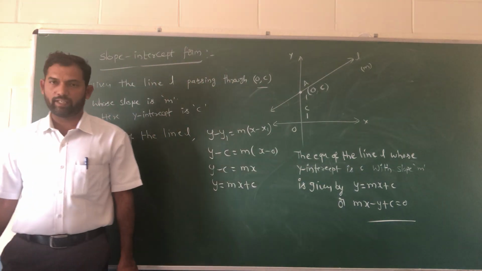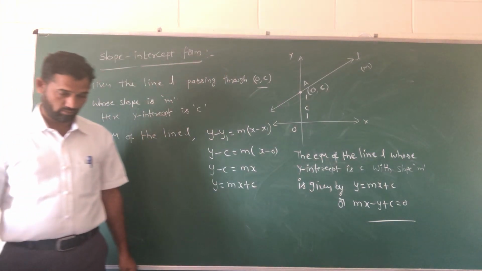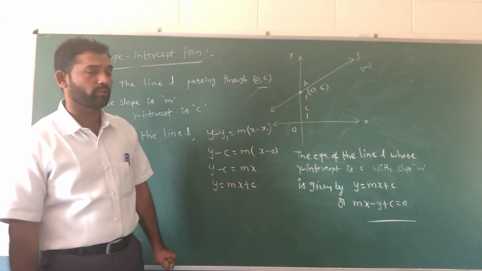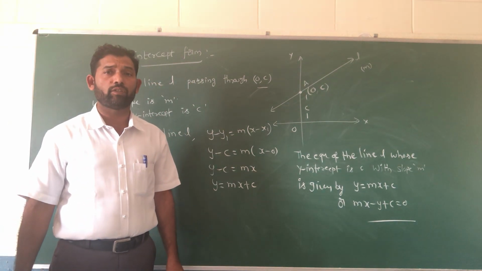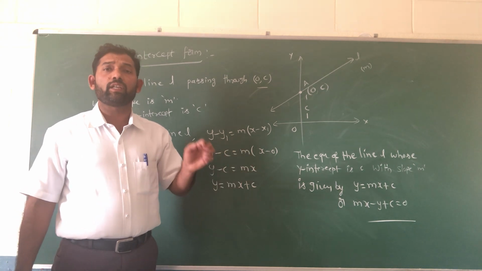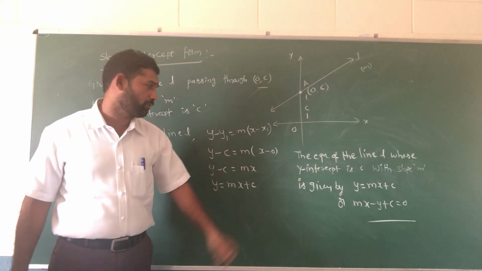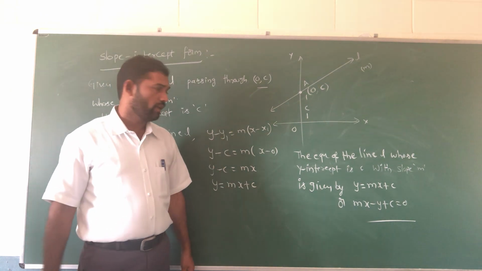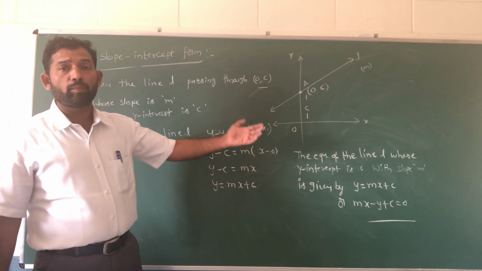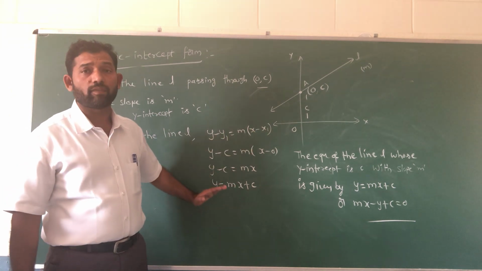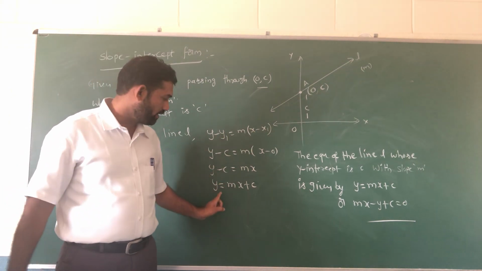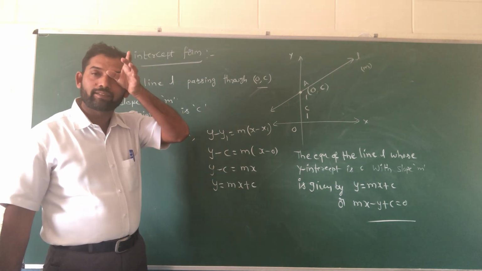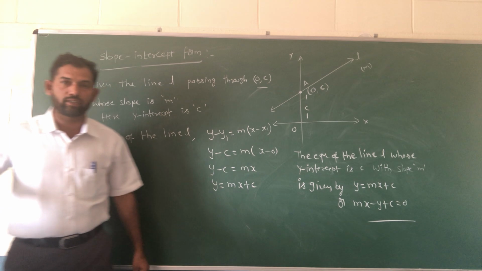So if the y-intercept and the slope are given, this is the equation of the line formula. y is equal to mx plus c or mx minus y plus c is equal to 0. Note down first.